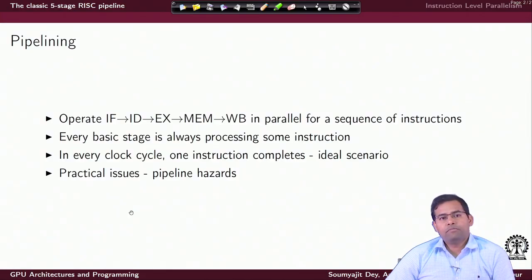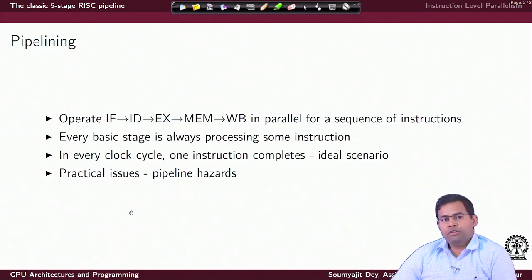So, overall, when this pipeline operates, every instruction has to go through the sequence of 5 pipeline stages: instruction fetch, instruction decode, execute, memory and write back. It depends on whether some of the instructions will really need something significant to be done in a stage or not, but all these stages will be active.